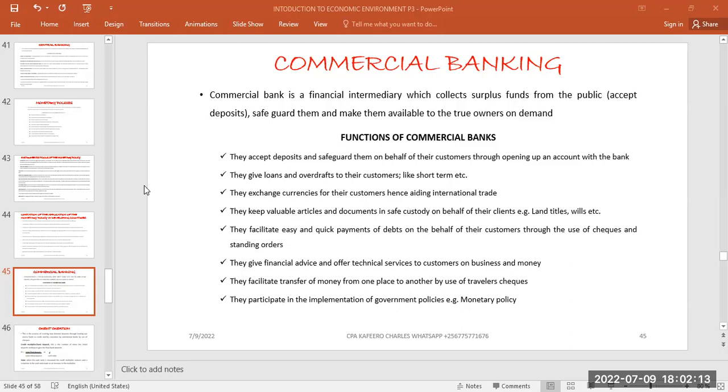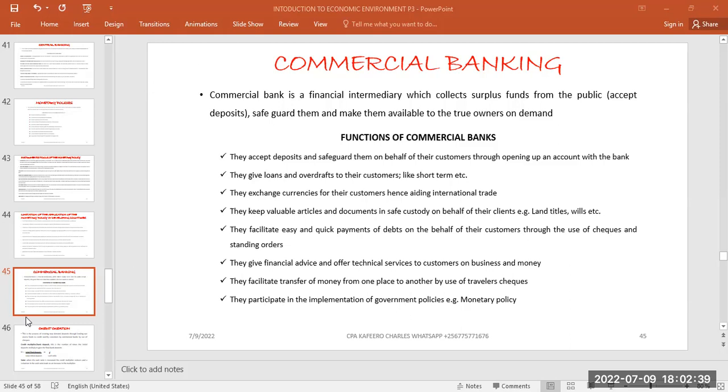The last one, they participate in the implementation of policies. It's these commercial banks that the central bank uses to implement monetary policies, like open market operations and the bank rate, which are used to control inflation and money supply. They are done by commercial banks.